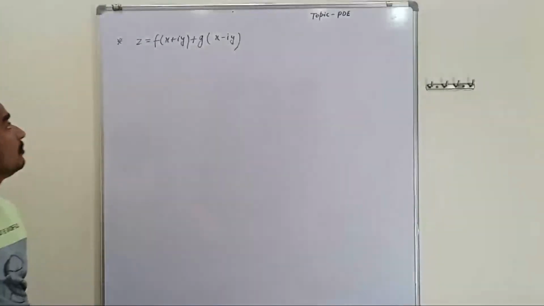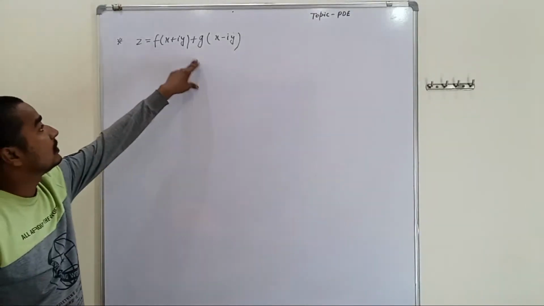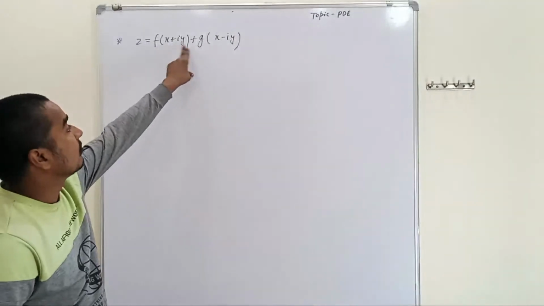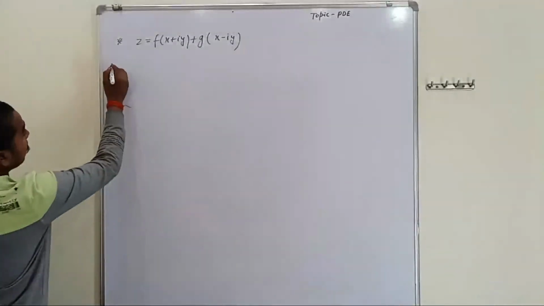We have to eliminate the arbitrary functions f and g from the given function. Let's solve the problem.